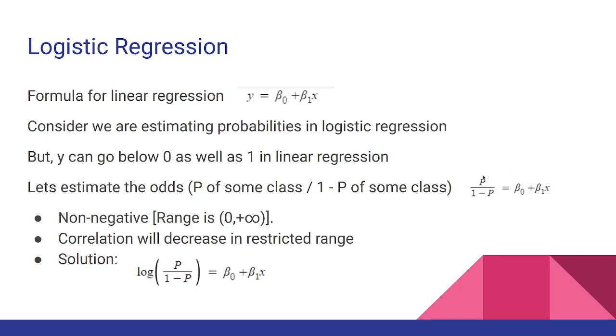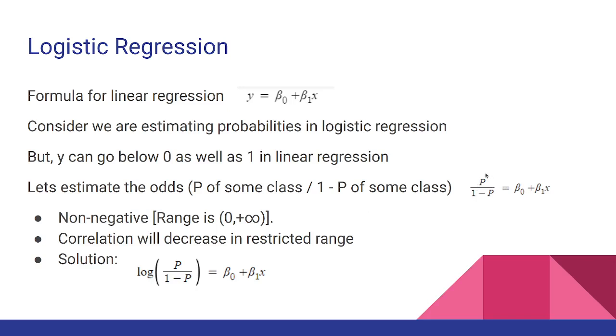Or maybe you can say passing and failing. We are trying to build a model which will give the odds, like the probability of passing divided by the probability of not passing. So the model will give that as the output. But if we do that, what is the problem? The range is 0 to infinity, right?